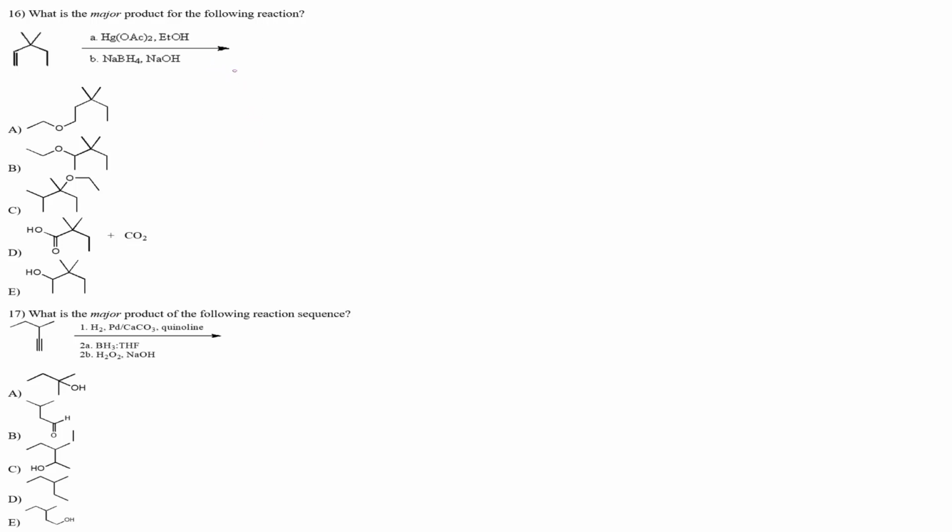Now, here's something that's super important for you to know. Whenever you're doing oxymercuration and you have a carbon alcohol, so if you have ROH, expect your final answer to have that R group. In this case, we have an ethyl.